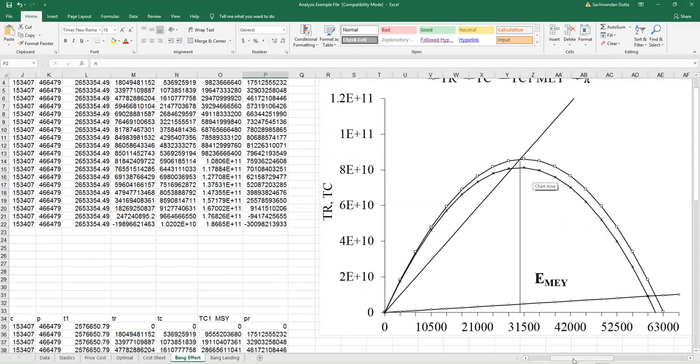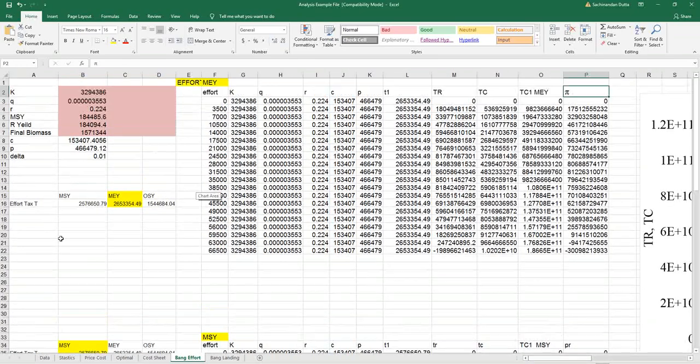For this we require the K, Q, R values, which are already calculated. We require the C and P values, and delta is 0.01. And for effort, you just make a simple scale up to your maximum optimal, or whatever makes the graph comfortable.